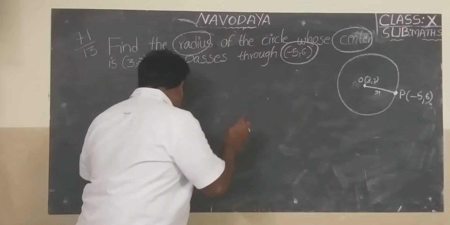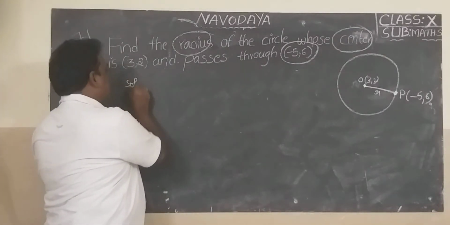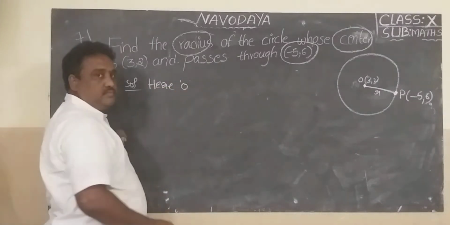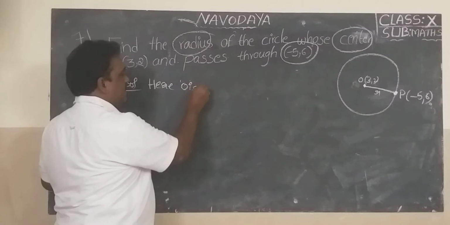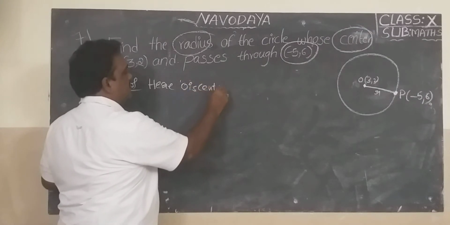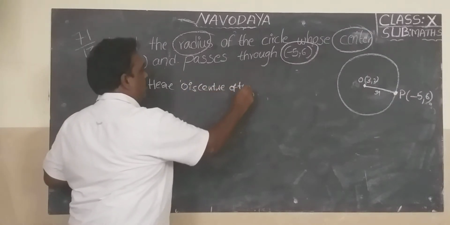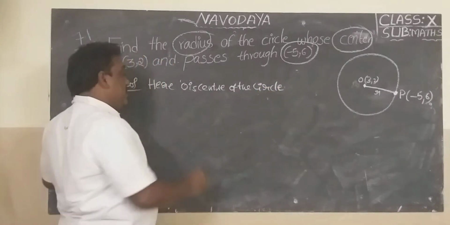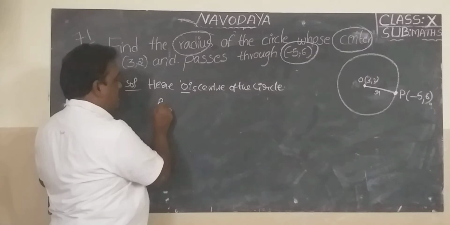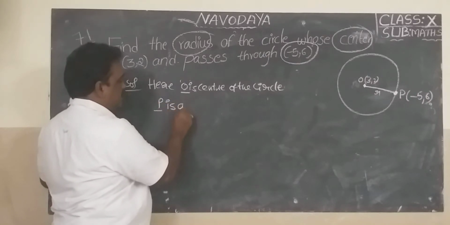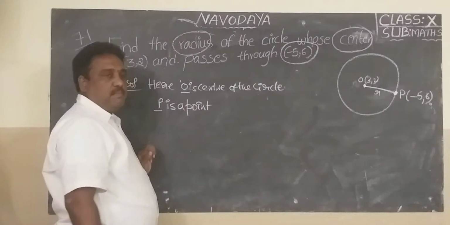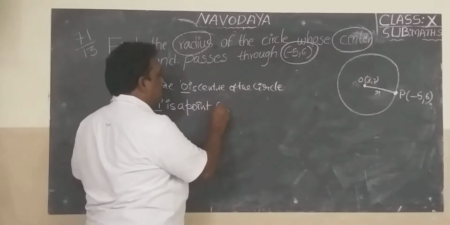So write what is given first. Here, what is O? O is the center of the circle. What is P? P is a point on the circle, because the circle passes through that point.